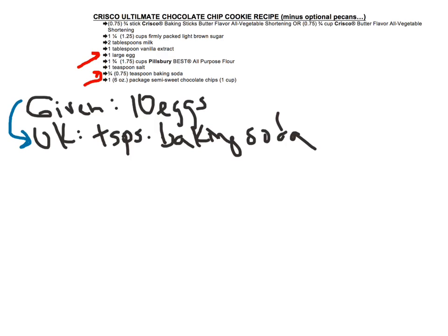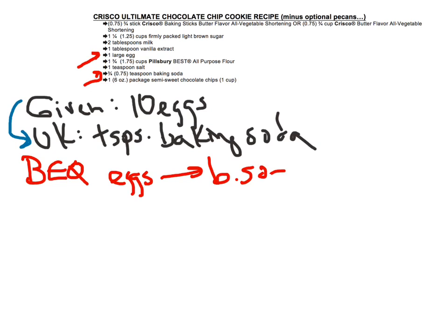So my basic equation or pathway, my BEQ, is always from our given to our unknown. So it's going to be from eggs to baking soda. Well, I have to have the ratio from someplace, and that ratio comes from this equation right here. This equation is just like a chemical equation. Each one of these things are reactants, and your products are going to be the cookies that you make.